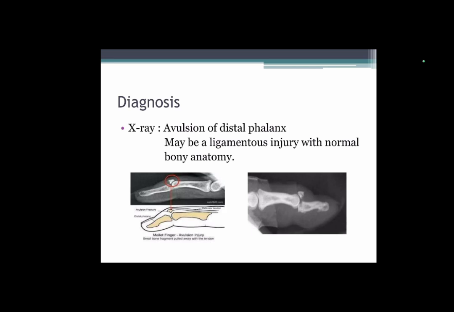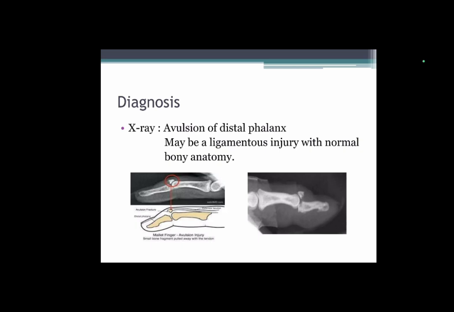During a forceful extension injury, the tendon may be pulled away from its attachment, resulting in tendon avulsion. The tendon often retracts toward the palm, causing loss of active flexion of the fingertip. The ring finger is most commonly affected because of its anatomical position and tendon characteristics.